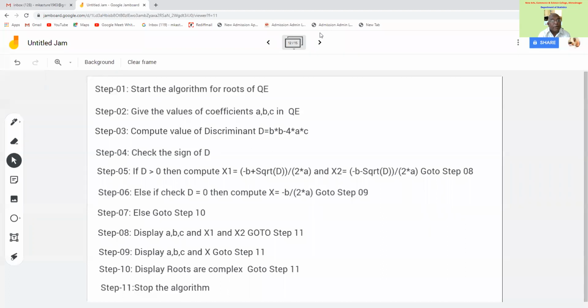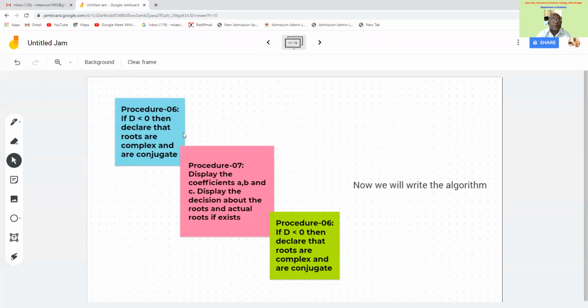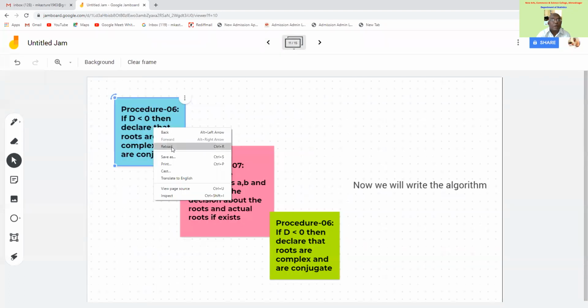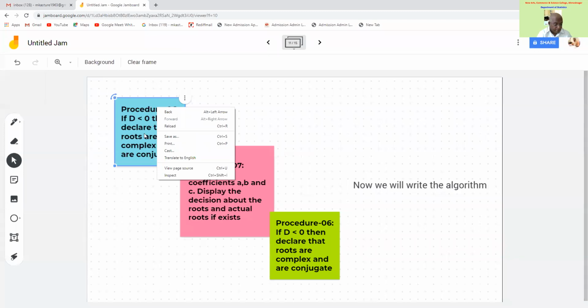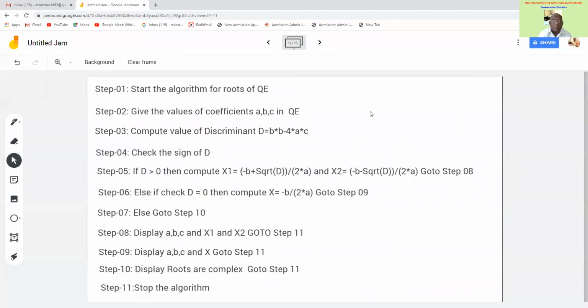Now step number 5 corresponds to discriminant greater than 0.